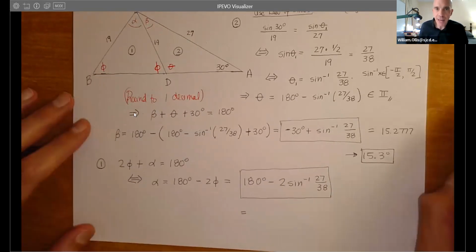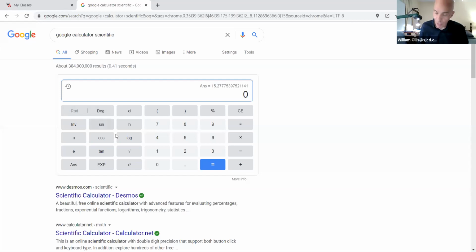We know what that is, but I didn't save it. So let's just go back and recompute it. So again, make sure you're in the degree mode. So we have 180 minus 2 times inverse sine, so do your inverse or arc sine, and then we have 27 divided by 38.